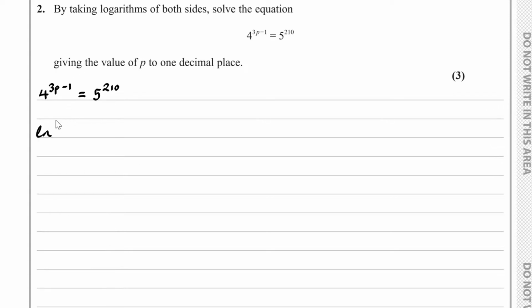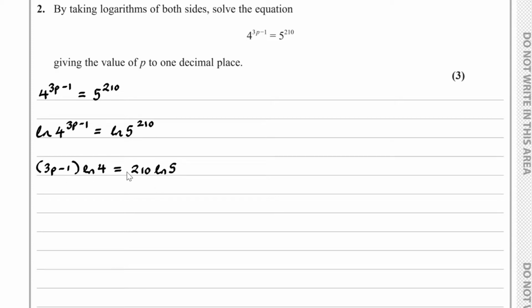So taking the natural log of both sides, we have ln of 4 to the power of 3p minus 1, and this is equal to the natural log of 5 to the power of 210. And if we use the power rule, we have (3p minus 1) lots of the natural log of 4, and that's equal to 210 lots of the natural log of 5.